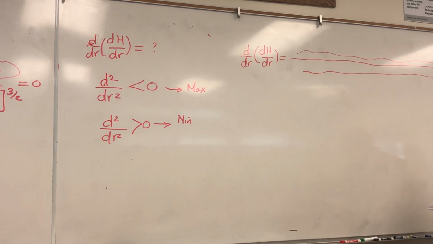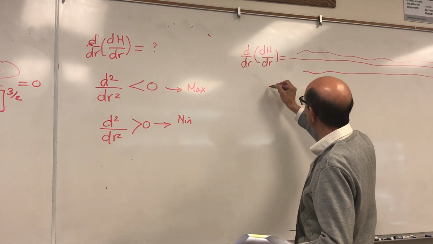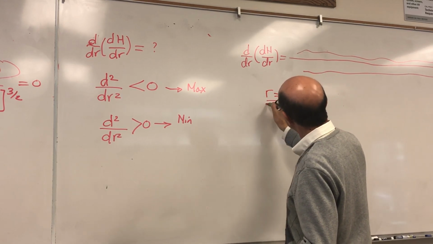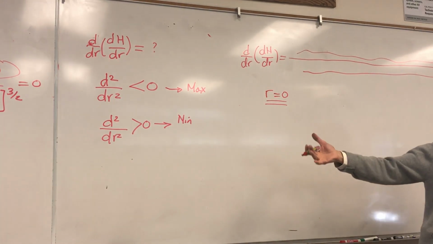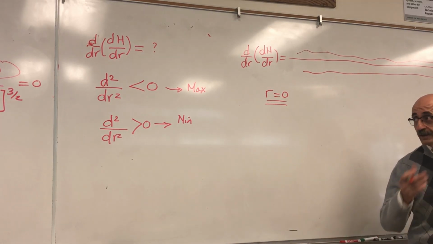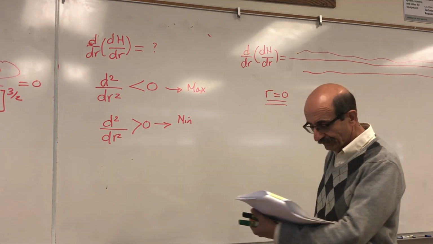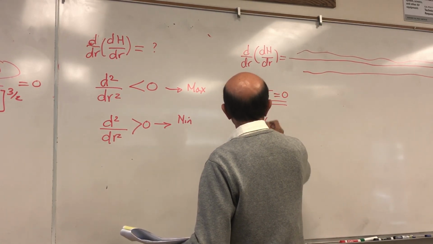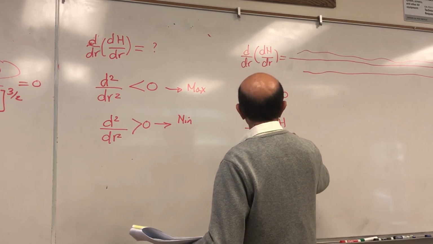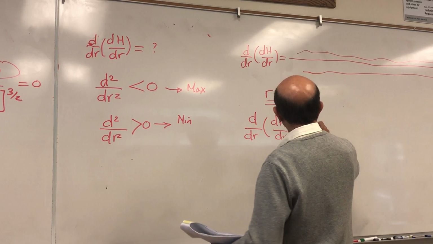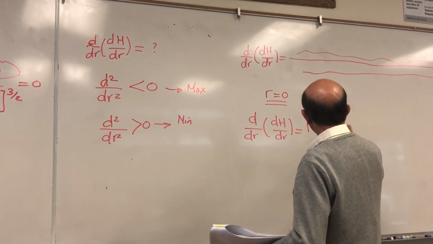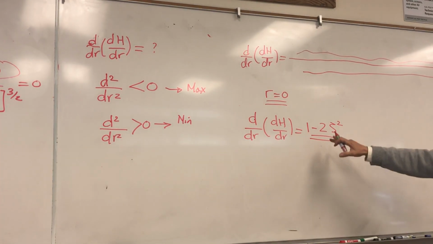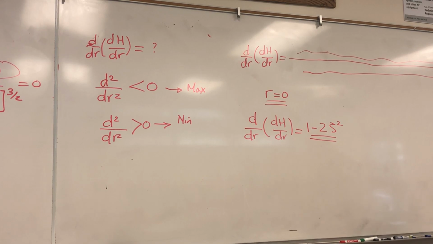If you look at the numerator and set R equal to 0, which is what we want to find out, and see whether this is positive or negative, you will see that you get this value, 1 minus 2 zeta squared. So for R equal to 0, the value of the second derivative is this.